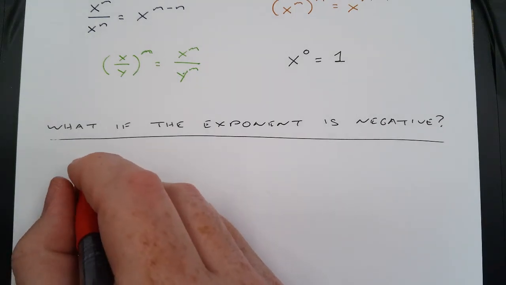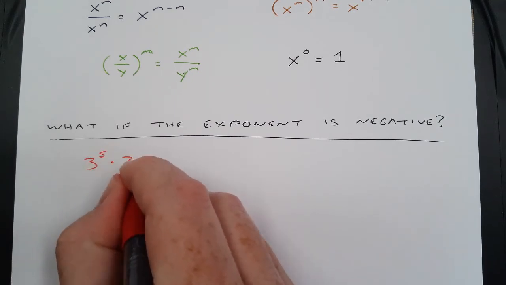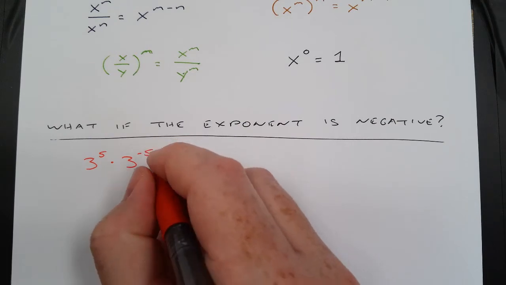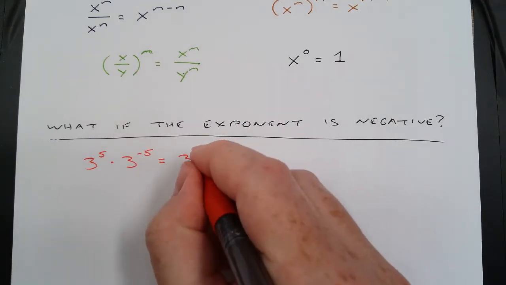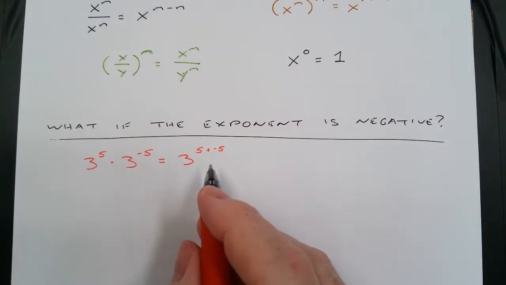Let's do 3 to the 5th times 3 to the negative 5th. Now you can see the bases are the same and we're multiplying, so we can use our rule. We add the exponents: 3 to the 5 plus negative 5.